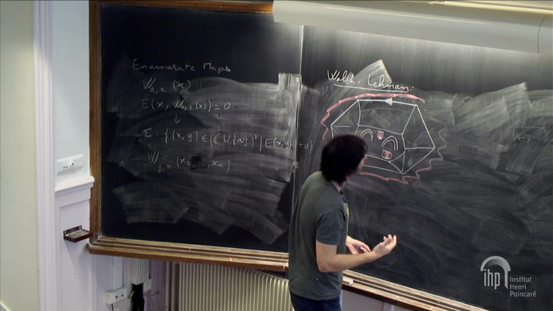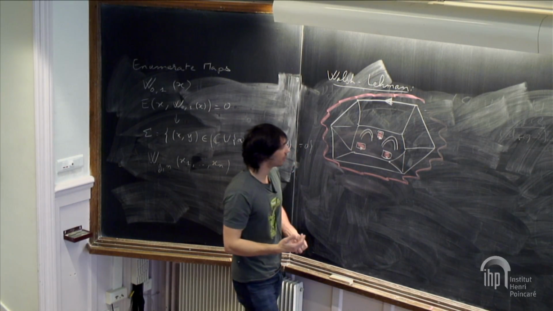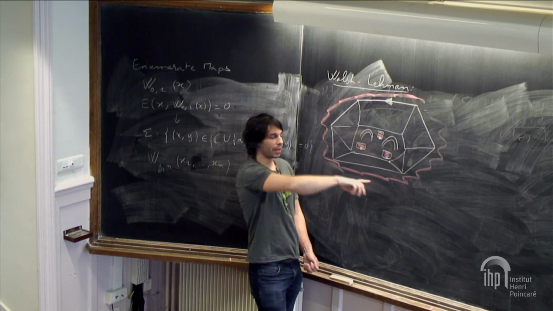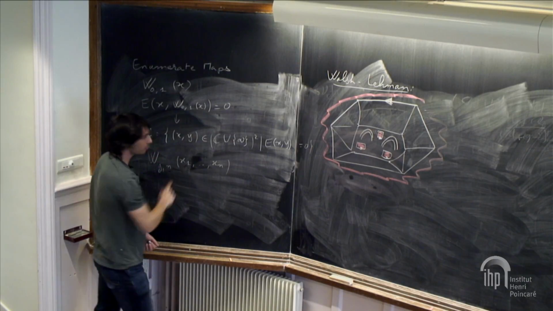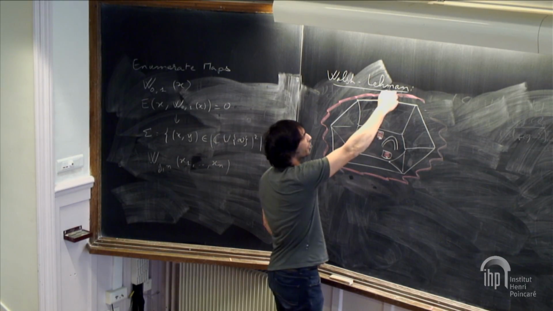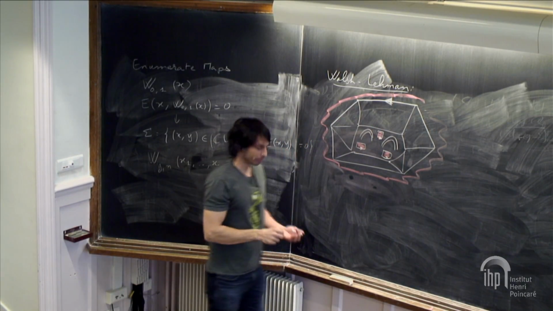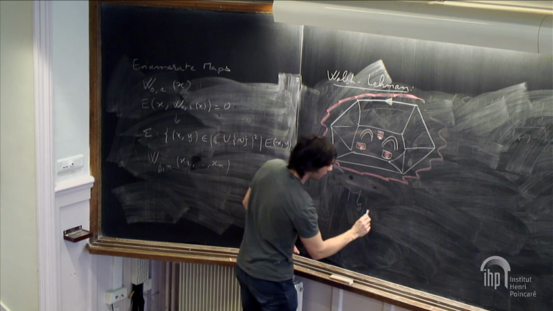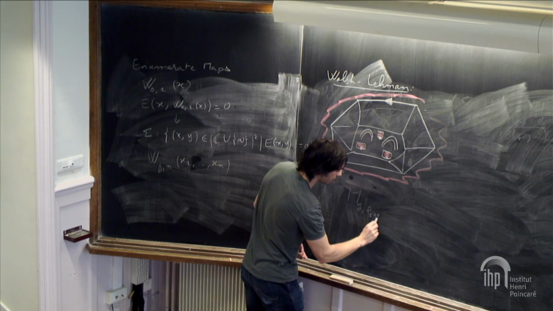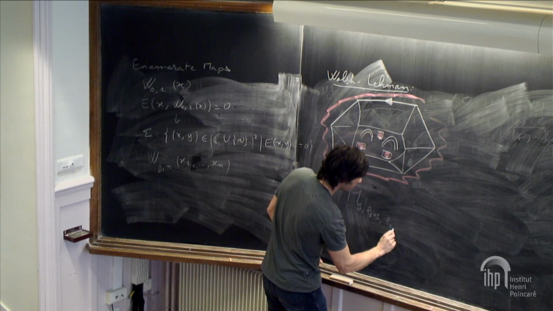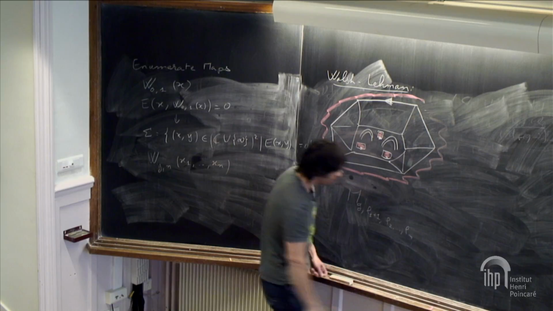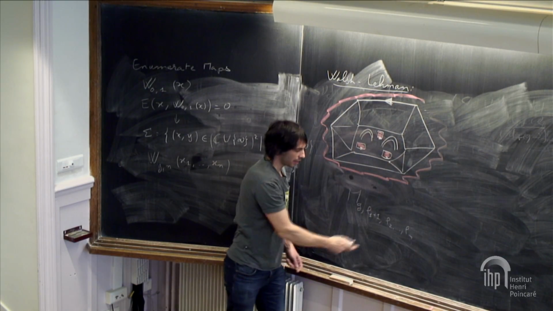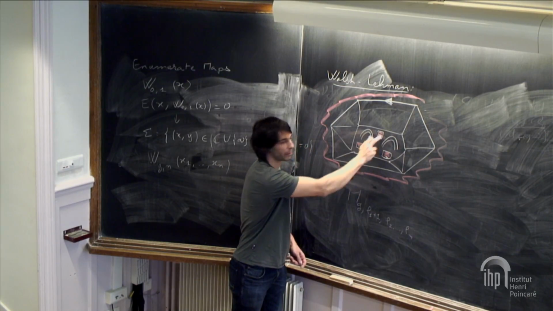Now I do exactly as I did in the previous case where G was equal to 0 and n equal 1. I'm sitting outside here on my marked face, the first one. And I'm wondering what happens when I cross my marked edge. So I start from an element of M_g of L1 plus 1, L2 to Ln, where L1 plus 1 is the length of this boundary, and L2 to Ln are the lengths of the respective boundaries.